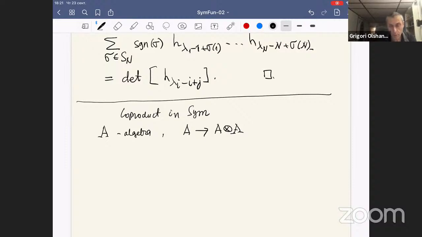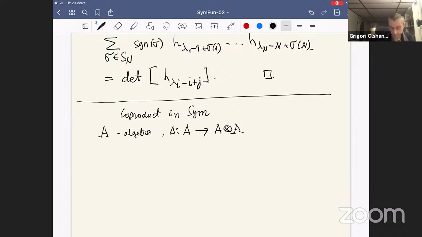Usually we assume that some extra conditions are satisfied, I don't want to mention them at the moment. This is usually denoted by delta. I would like just to introduce this map for the algebra of symmetric functions.